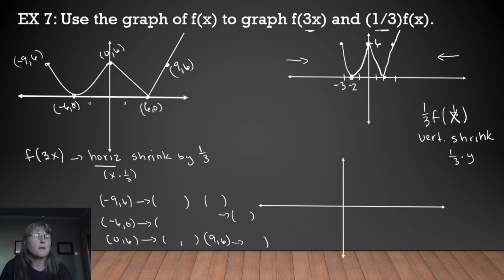Okay. So now I'm changing the y. So the -9 will stay, but the 6 is going to divide by 3 and get 2. The -6 will stay, the 0 is going to get divided by 3 and stay 0.